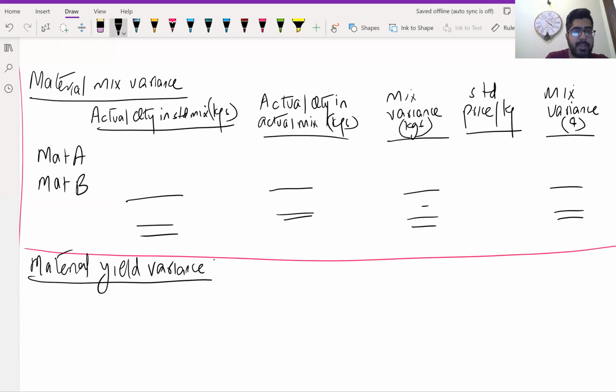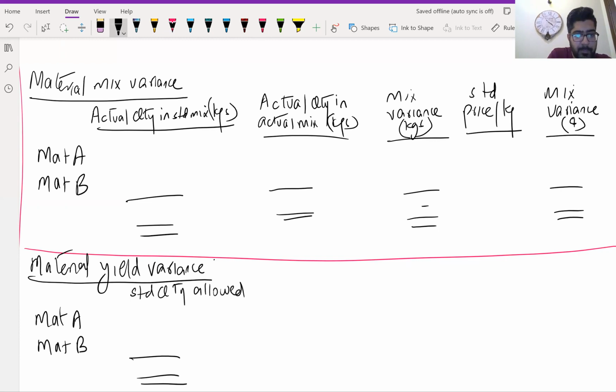And then I am also asked in this question to find material yield variance. So I will make the format of material yield variance as well. Again, whatever materials are there, make the rows. There are 2 materials, so 2 rows, material A, material B. The first column is standard quantity allowed kgs.